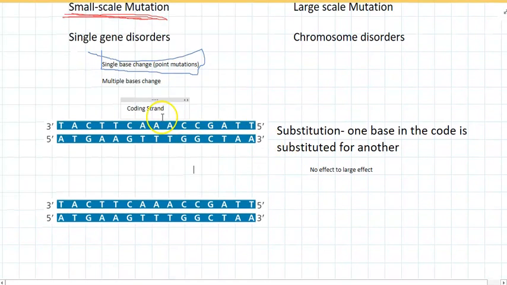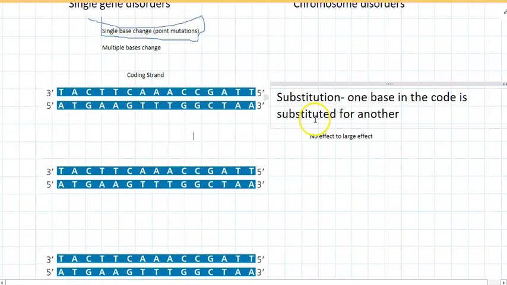So depending where the letter is and how it affects the amino acid, that's going to determine how much it affects the actual function of the protein. So let's say here in our coding strand, we had the T, thymine. It might be swapped out for a G. And then that would also mean that on its complementary strand, that A would swap out for a C, cytosine. So that's substitution.